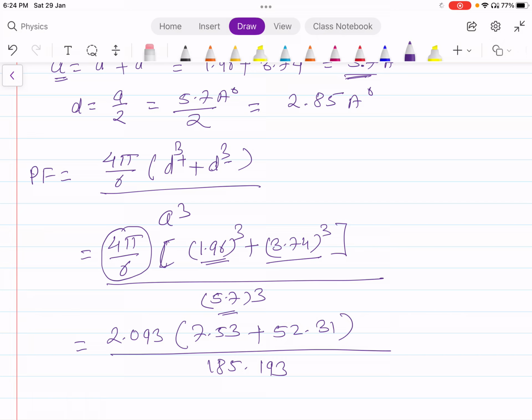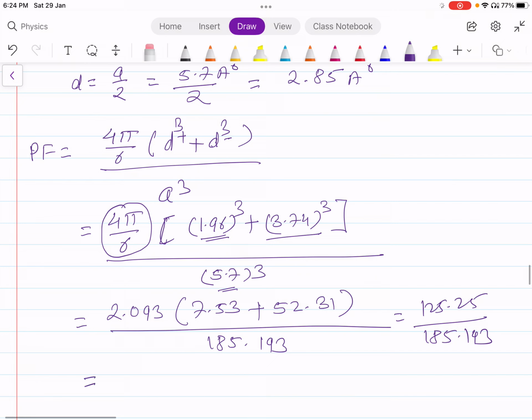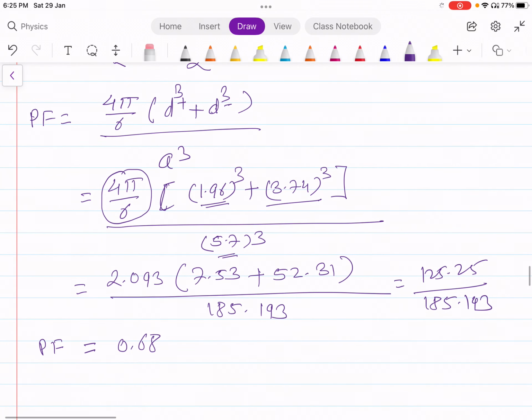And that is equal to 125.25 divided by 185.193, and that equals 0.68. Packing factor 0.68, and so the packing efficiency is 68%.